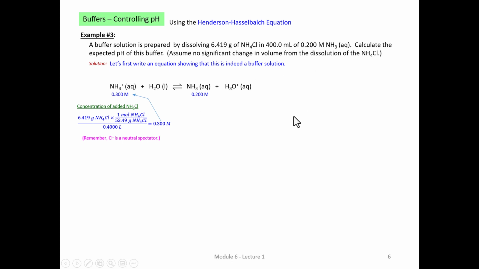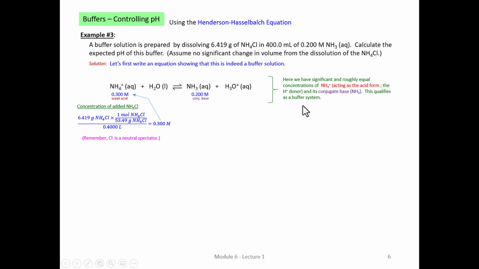So now we have the weak acid ammonium ion and its conjugate base ammonia. We have the acid form and the base form present, in roughly equal and significantly high concentrations, and so this qualifies as a buffer system.